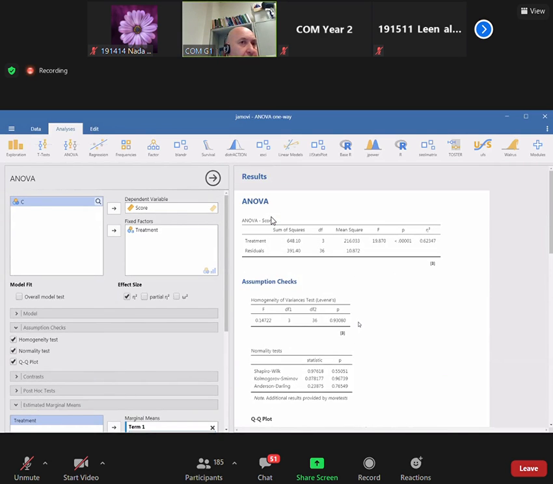Let's look at the output here. We've got the sums of squares worked out, and the F value, which is the ratio of these two things, just like in the example I went through. So this is the between groups variance. We get that by dividing the sums of squares by the degrees of freedom, and then the mean square for the residuals.